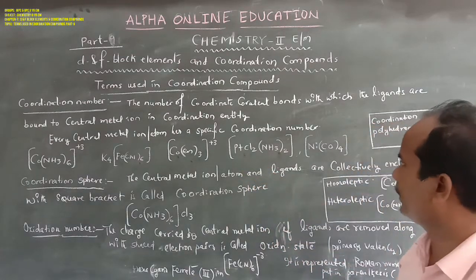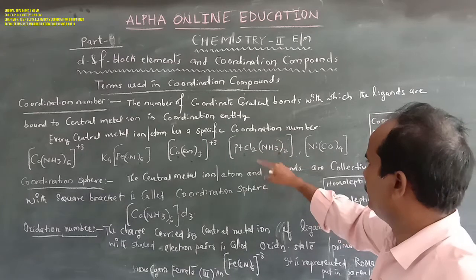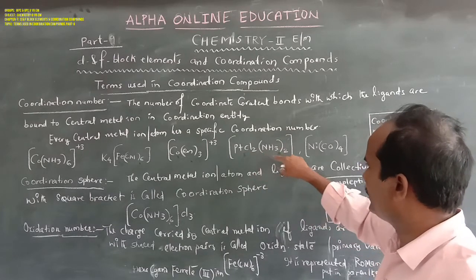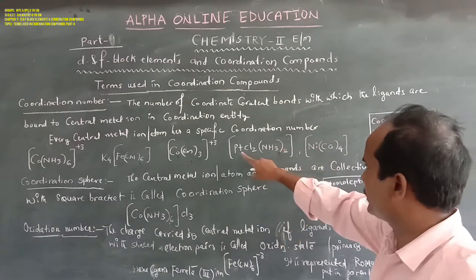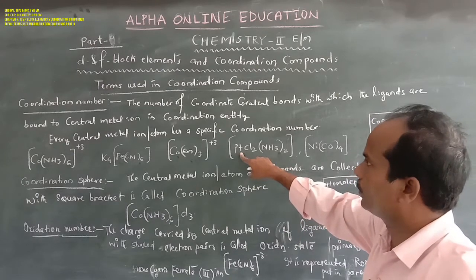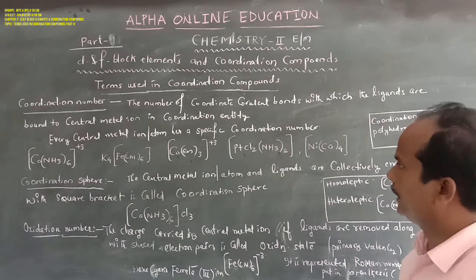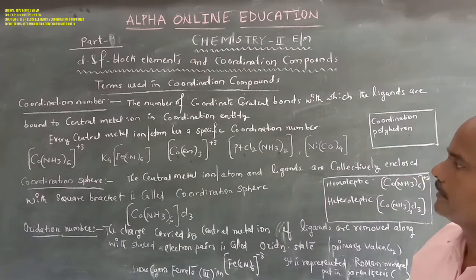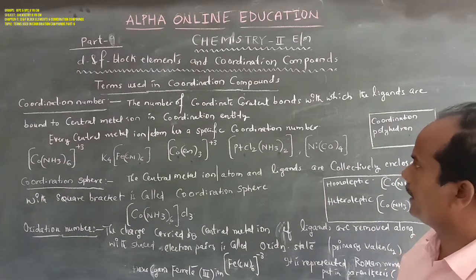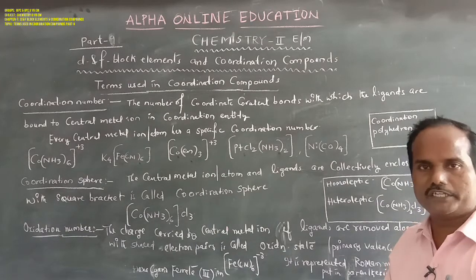That's why overall around the platinum 4 coordinate covalent bonds exist, so the platinum coordination number is again 4. Every central metal ion or atom has a specific coordination number.